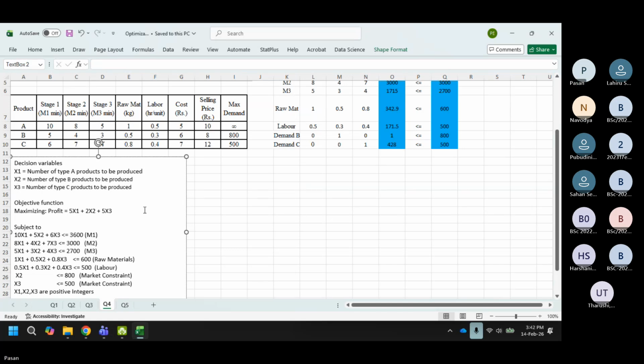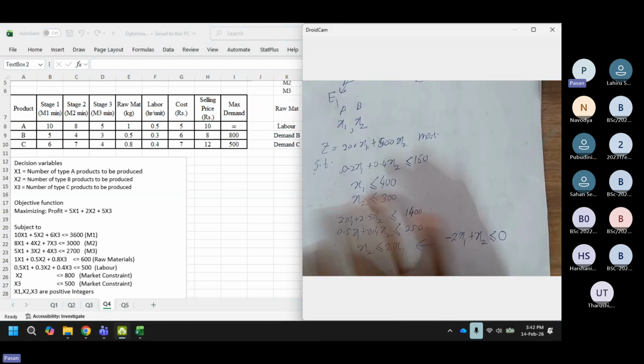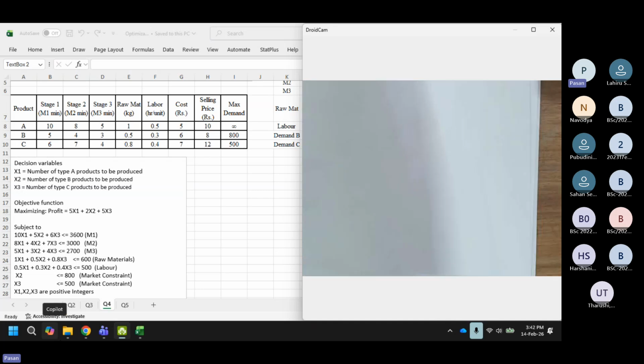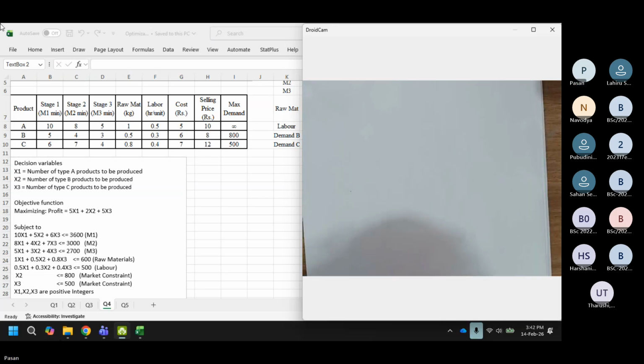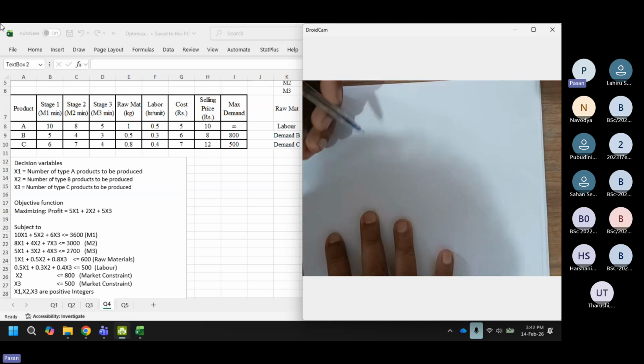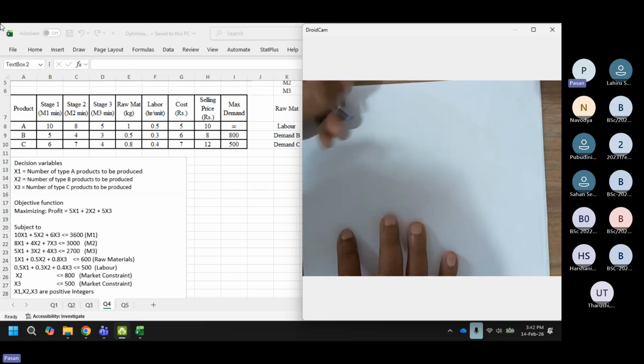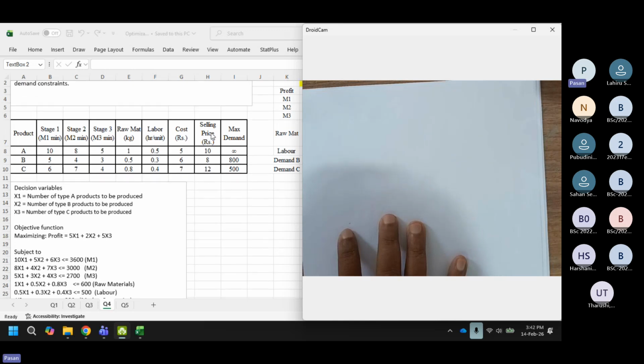And then I can write down my profit, so the profit constraint.